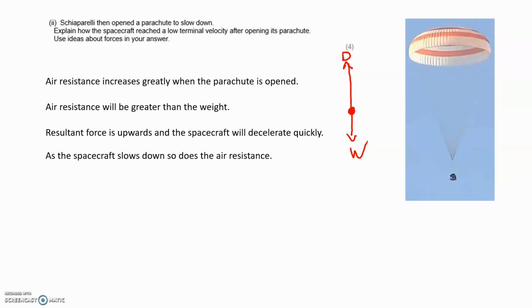Now if it slows down, then the air resistance, the drag force, will also decrease because the spacecraft is slowing down. And so what happens then is that the resultant force will become 0.